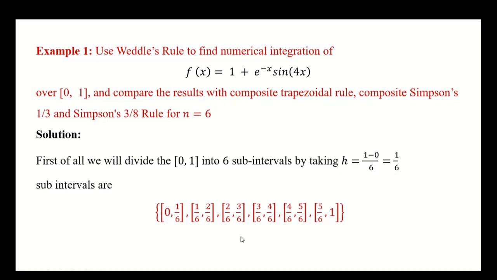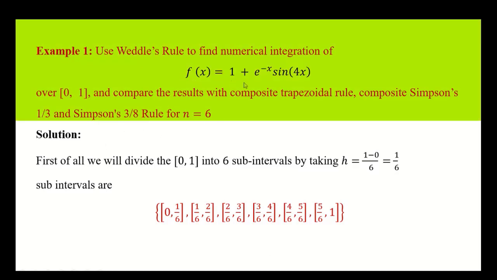So to apply Weddle's rule for n is equal to 6 over the domain 0 to 1, first we will divide this interval 0 to 1 into 6 subintervals, and each subinterval has the width h is equal to b minus a over n.